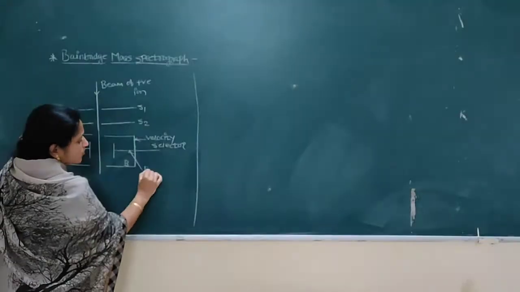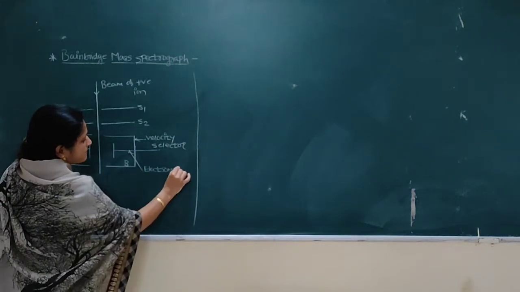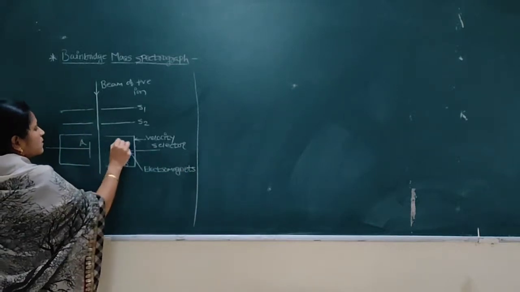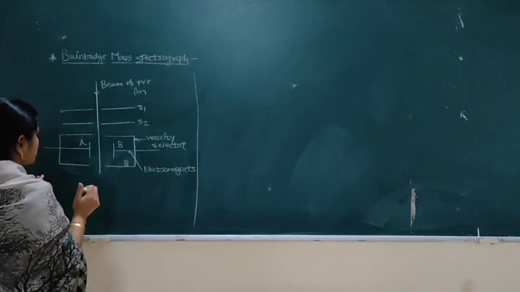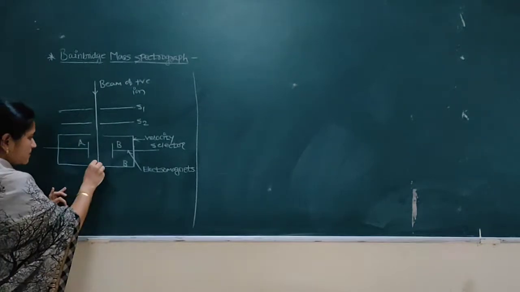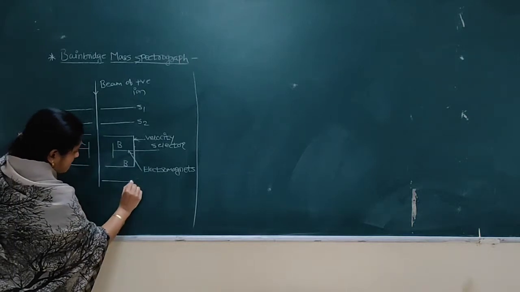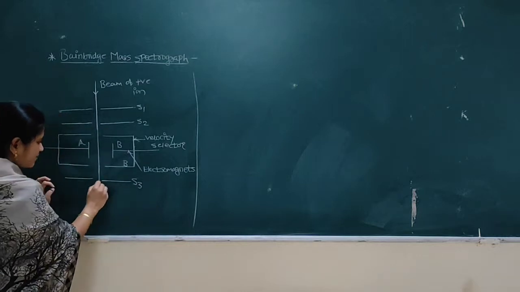These are the electromagnets, or we can say plates A and B. Slit S3.